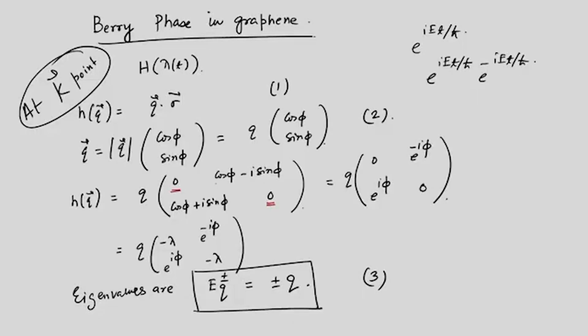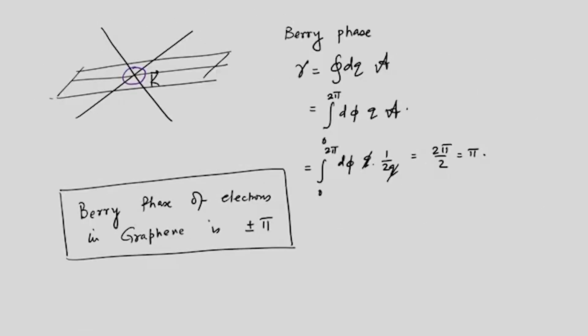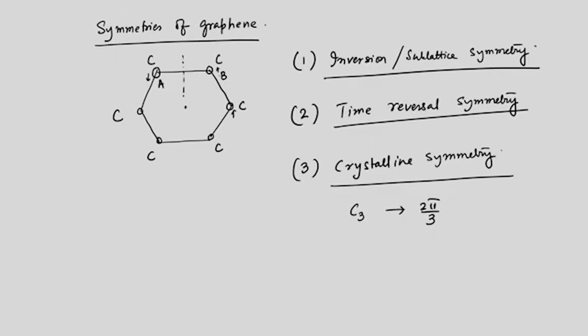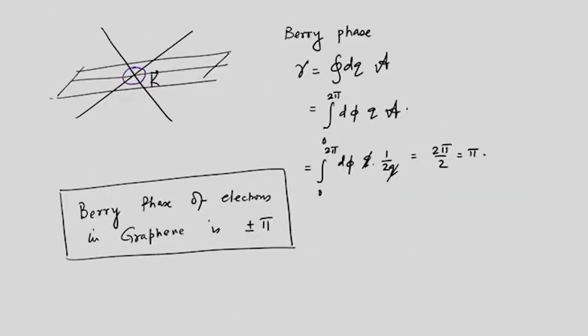One of them is the inversion or sublattice symmetry, and another one is the time reversal symmetry. So, let us go back to that picture that we have drawn here, where both are carbon atoms, but say for some reason we give a small bit of potential here and a slightly different potential at these sites, in which case these atoms are not equivalent. And one of the examples that we have is called hexagonal boron nitride.